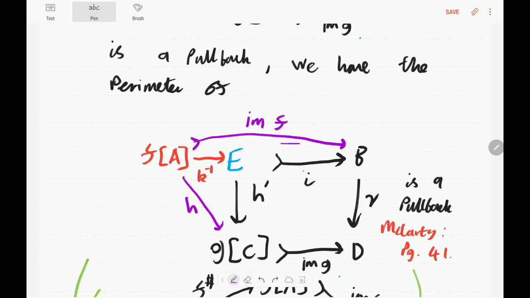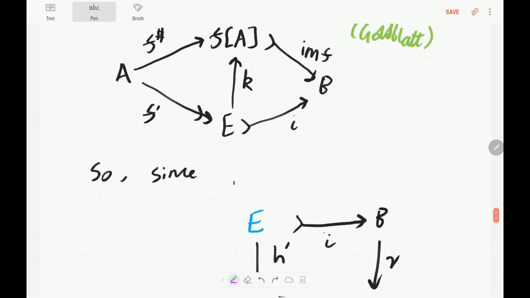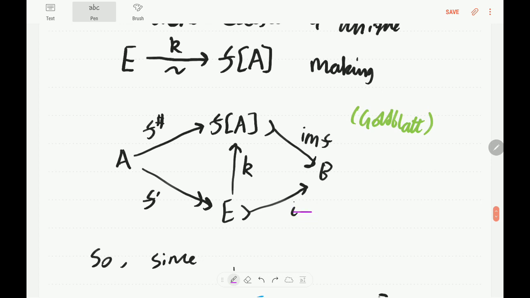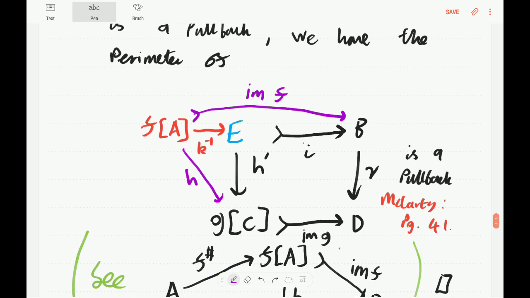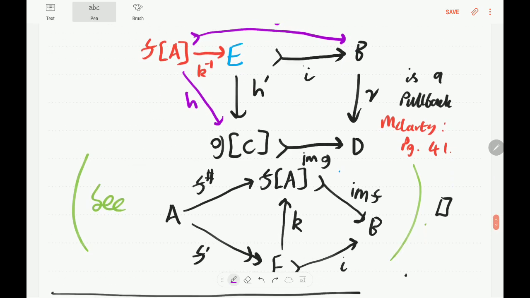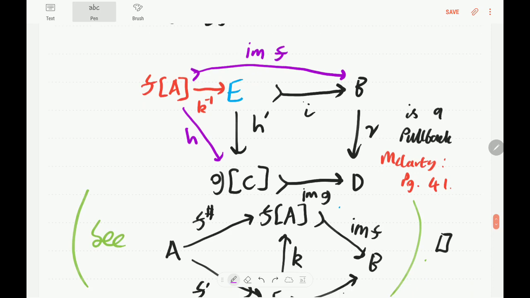And that diagram above gives us I after K to the minus 1 is IMF. And then since this K to the minus 1 is an isomorphism, which also acts like an intermediary arrow, it follows that the outer square of this is a pullback, and that's what we wanted to show.